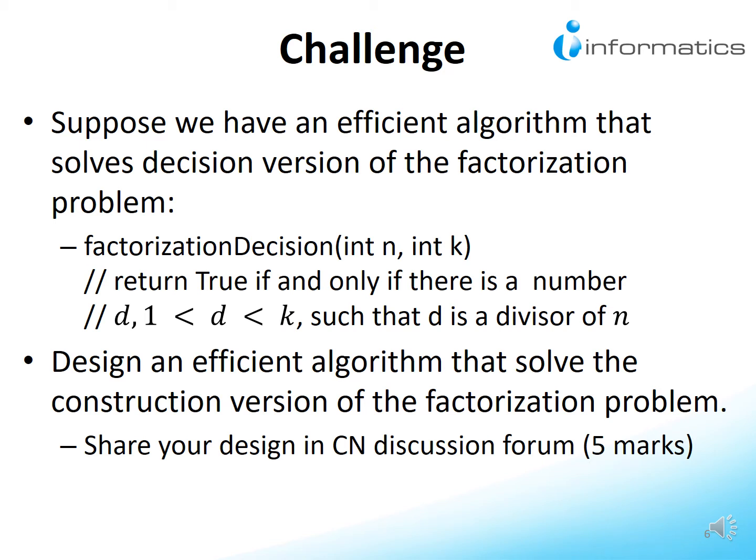Given this algorithm, you are asked to design an efficient algorithm that can solve the construction version of the factorization problem. Share your design in the CN discussion forum, and this will be worth 5 marks for your participation.